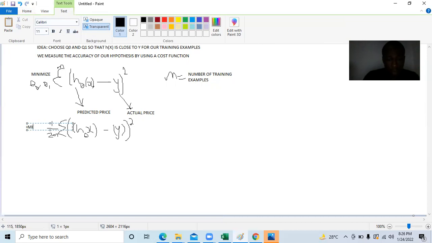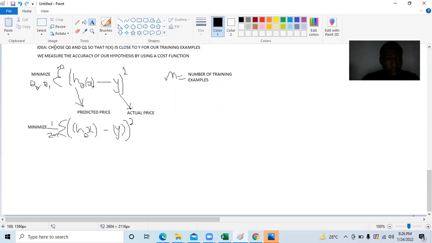Then let me have a minimize, minimize theta 0, comma, theta 1. So this is the final formula.